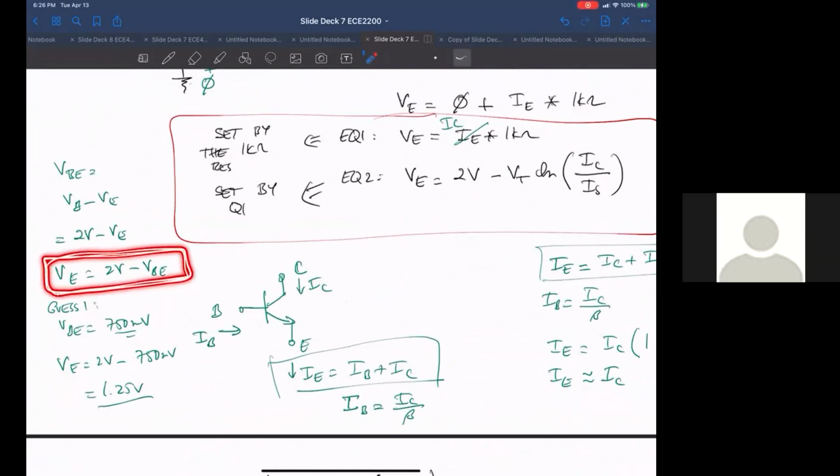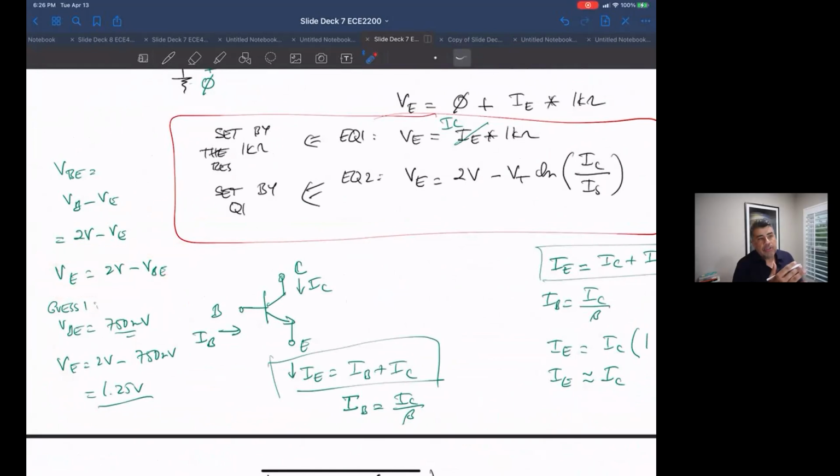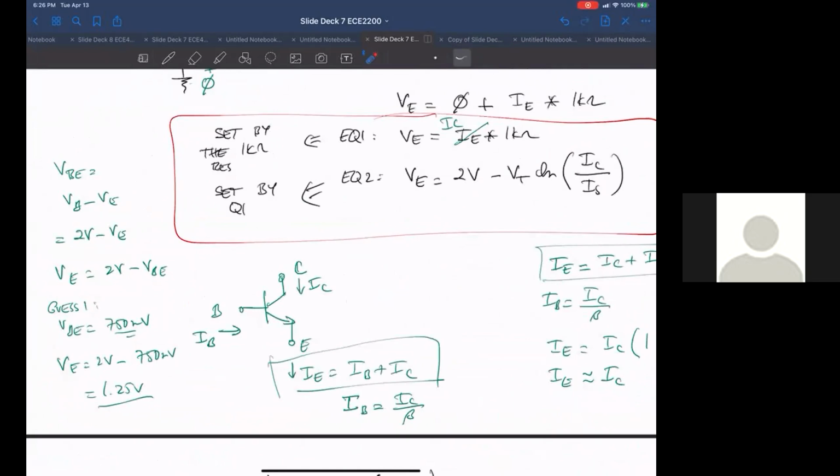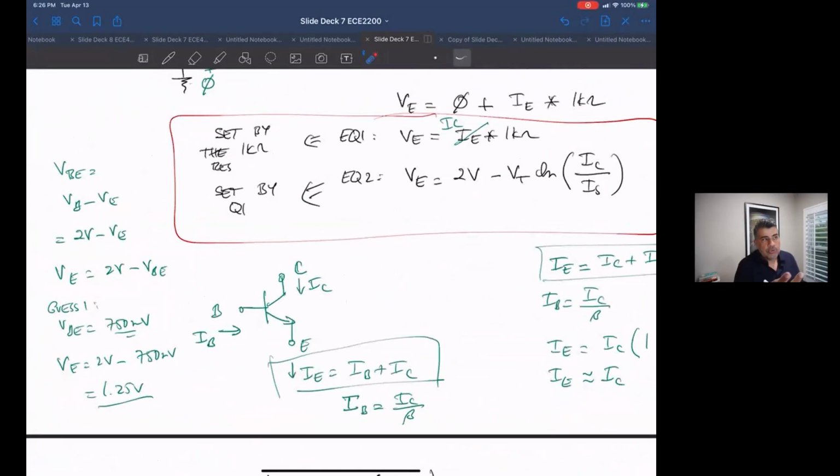Oh, okay, right. So out of the graphical or numerical technique, both unknowns come out. Both V sub E and I sub C, you'll have values for both. Then it just depends on which one you need for the rest of your problem.